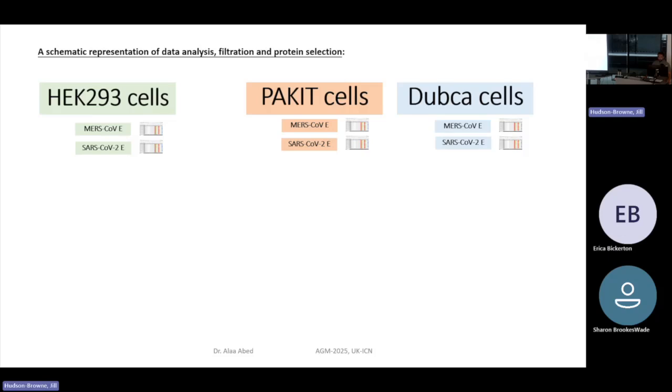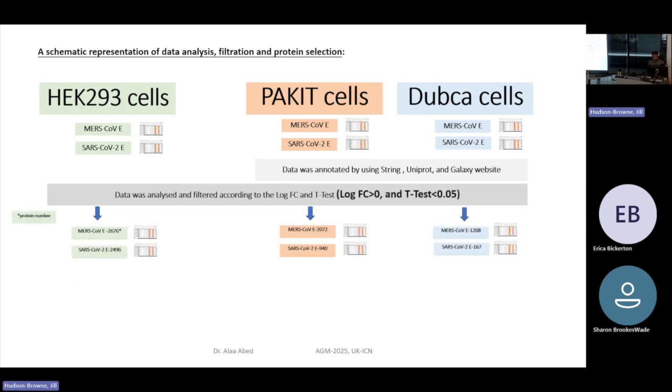We don't have a problem with the HEK293 cells because the protein names are in human, but we need to do an annotation for the Packet and Dupka data sets. We did this using STRING, UniProt, and Galaxy websites.